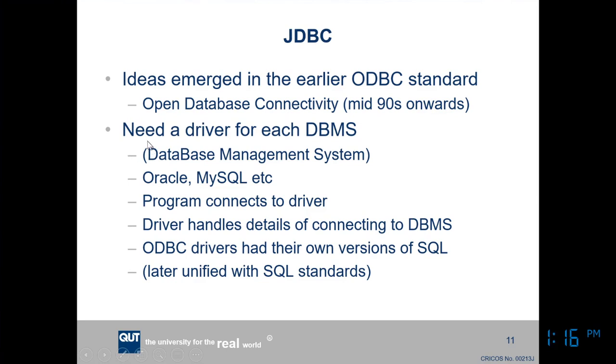What we have is a driver that connects to that API, and the ODBC or JDBC API can then connect to that driver in order to communicate with it and allow us to run SQL on a generic database without needing to worry about exactly what database is running on the back end.